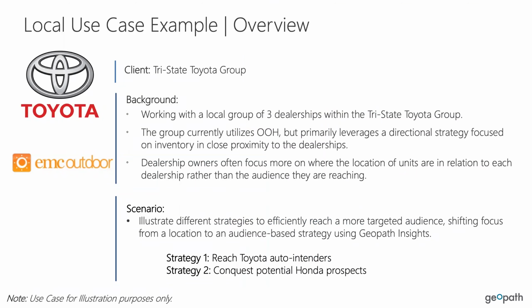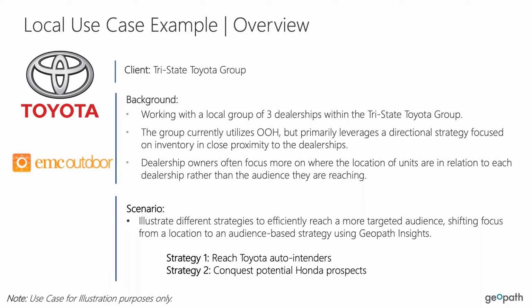the use case. So again, as I said, it's a tri-state Toyota group. There's a group of 3 local dealerships that we're working with in this use case, and that's what we focused on last month. So they like out of home, they tend to use it very directionally, and they really focus a lot on, hey, I want these units to be by my dealership, right?